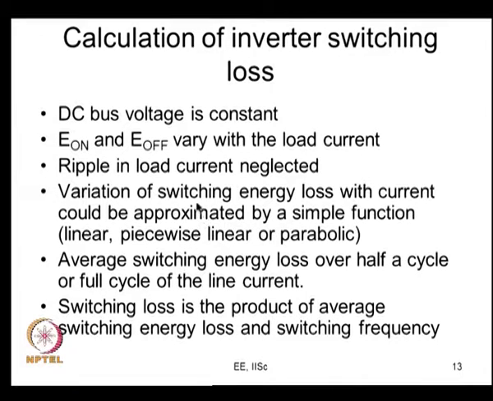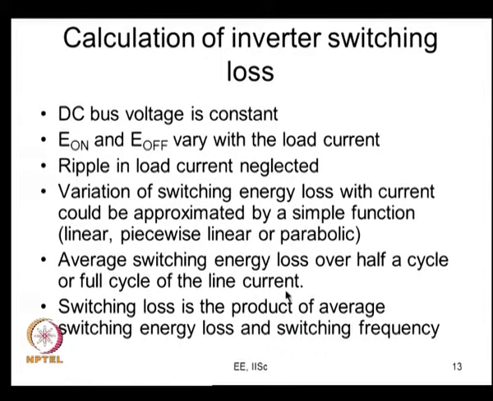Once you know the relationship between the energy loss and the current, and you have simplified it so that the calculations are easier, you have to calculate the average switching energy loss over a half cycle or full cycle of the line current. It is easier if it is a nice function. For example, if the average switching loss varies like a rectified sinusoid, the calculation is much easier.